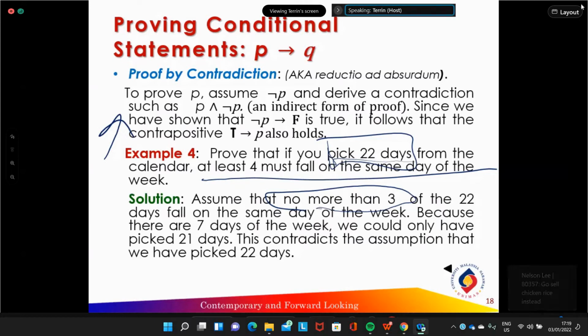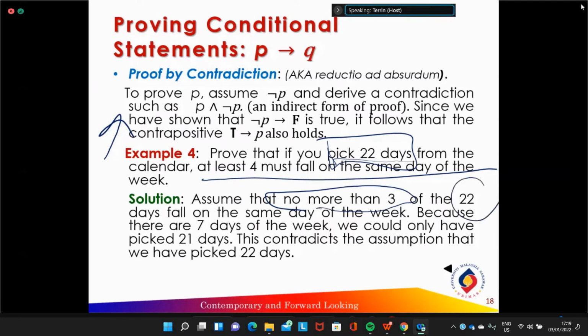At most 3 means maximum 3. So it can be less than 3, but at most 3. If we look at most 3, we know that in a week there are 7 days. So 3 days falling on the same day of the week would be 3 times 7, so there are 21 days, from which 3 of it will fall on the same day.